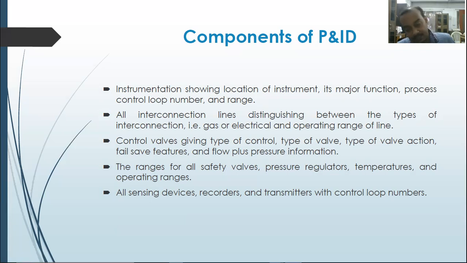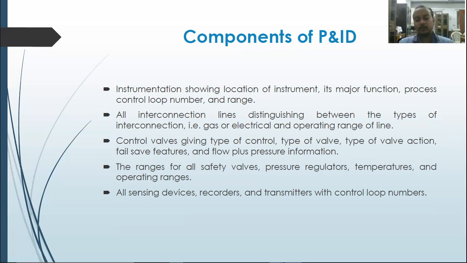Just take a very simple example: in a class, we give roll numbers to each and every student. From this roll number, if you want to get information, I can get the name of the student, in which semester he is, and the characteristics of the student, whether he is a good student or a bad student, and what type of reflection he has given in the entire period of his studies.